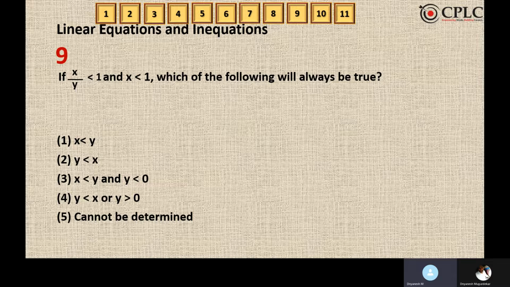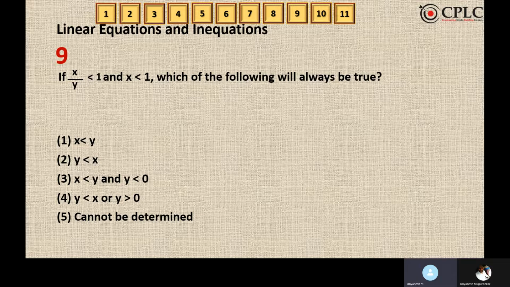We'll need to expand our thinking in understanding this data. When we say that the fraction is less than 1, it means both conditions. Either it can be a positive number, which is 0 point something, or it can be a negative number as well. And when that happens, you need to also consider the second part of the condition, which is that x is less than 1.